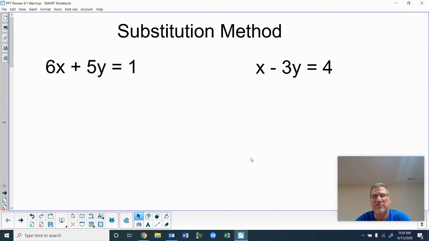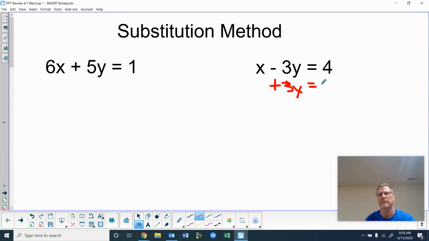So the first thing I'm going to do is get that x by itself by adding the 3y to the other side. Remember, what you do to one side, you do to the other.